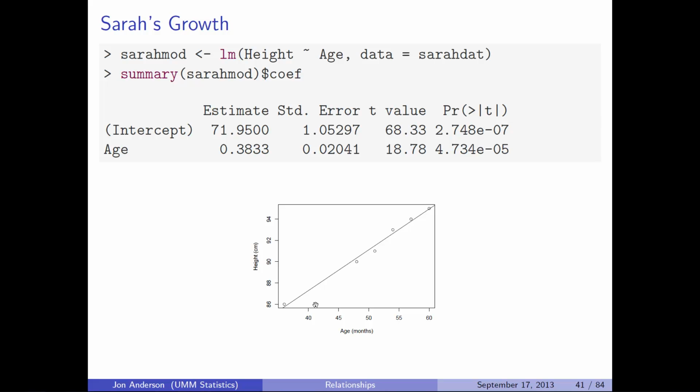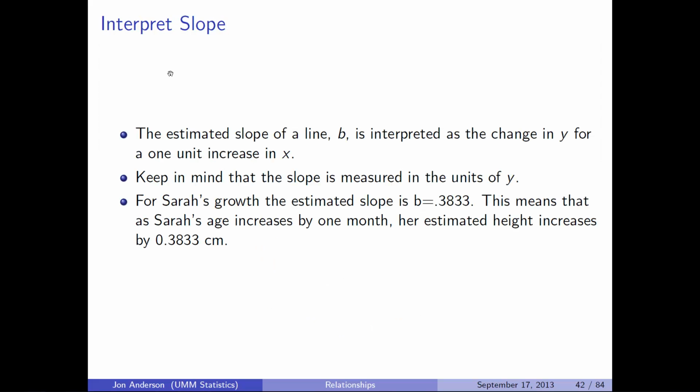It means that for every additional month of age, Sarah grows by 0.3833 centimeters.